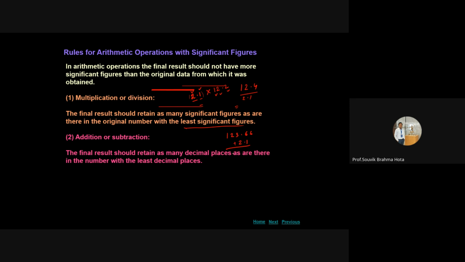Here the least decimal places is in 2.1, and 123.66 has two decimal places. So you should add and keep the minimum decimal places. The answer should have the minimum decimal place. Suppose this 2.1 is here, then the answer should have the least decimal place.